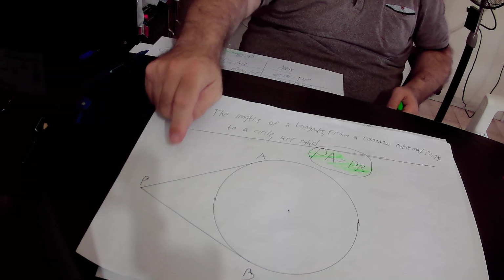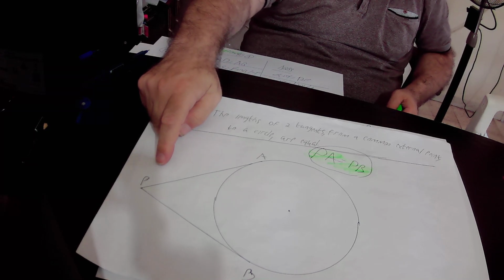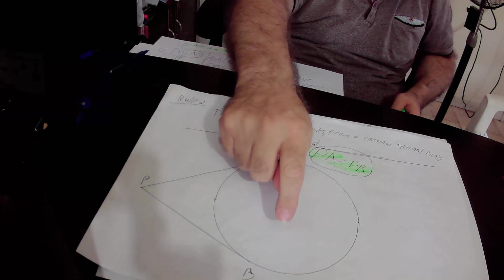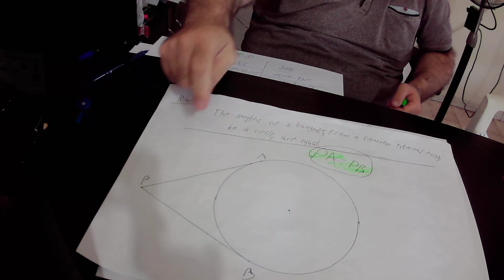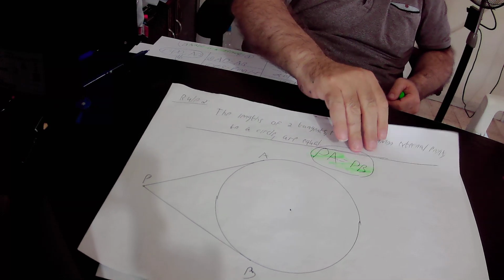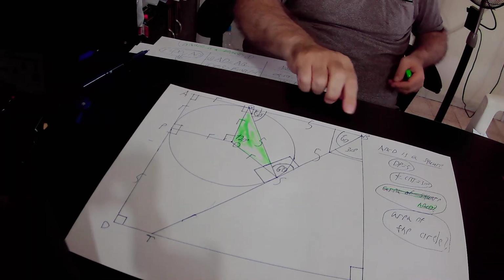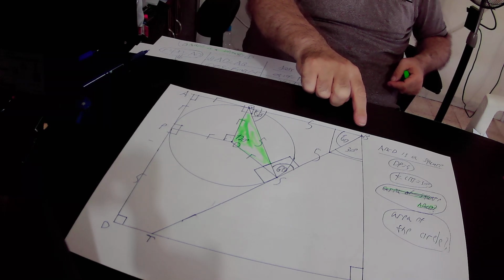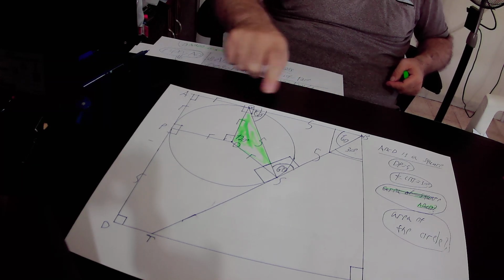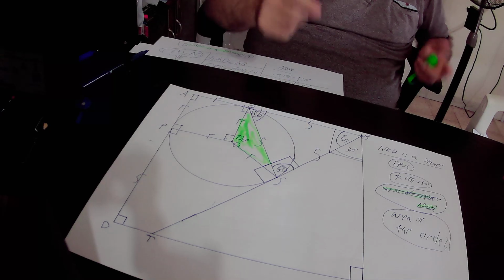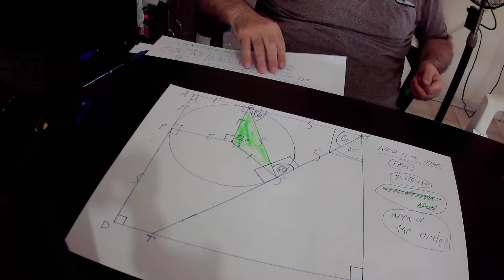If we have the common standpoint point P, from P we have tangent PA and tangent PB, and according to this rule, PA equals PB. So we can implement rule number 2 in our drawing because we have the common standpoint point B. From B, we have tangent BQ and tangent BS, and according to rule number 2, they are equal to each other.